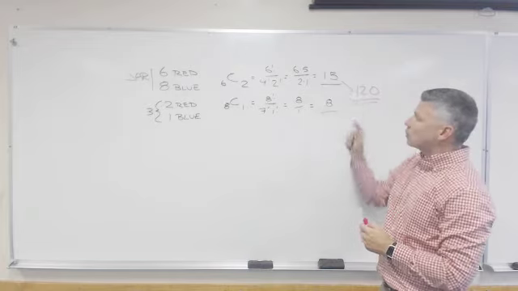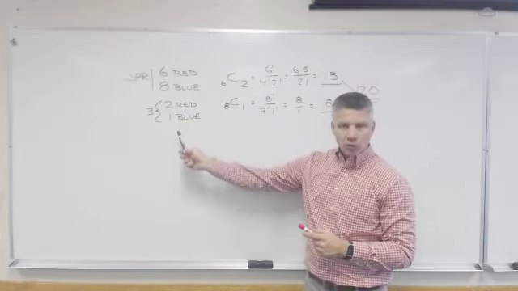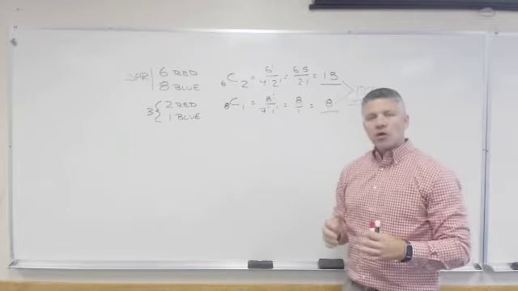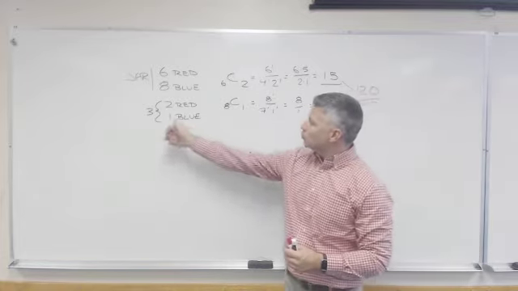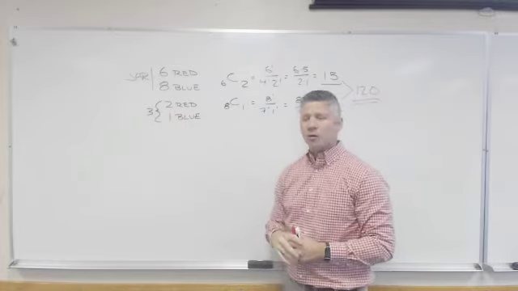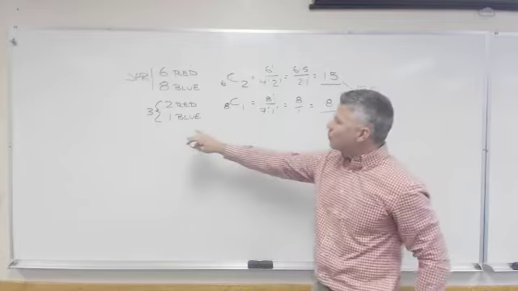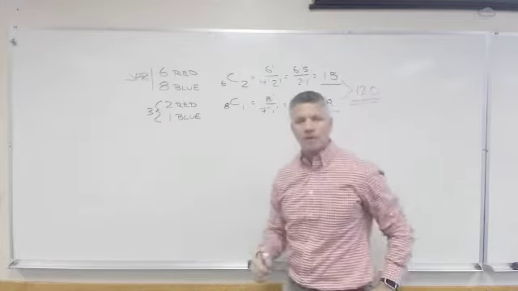Multiply to find 120 ways to get 2 red and 1 blue. But there are other ways I can pull out marbles. I could get 3 reds, I could get 1 red, I could get no red. How many ways total can I pull out 3 marbles out of this jar?